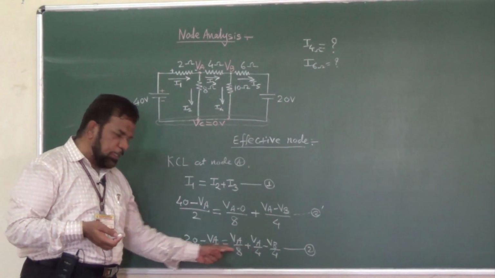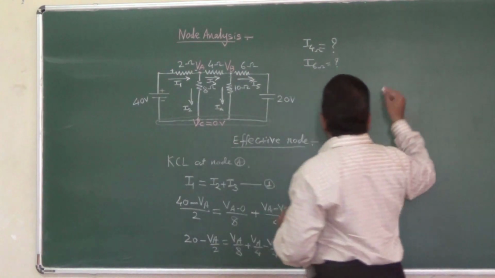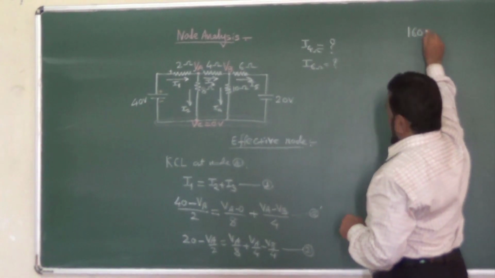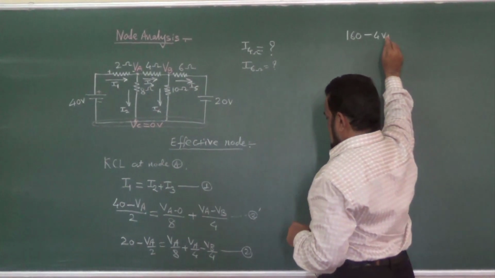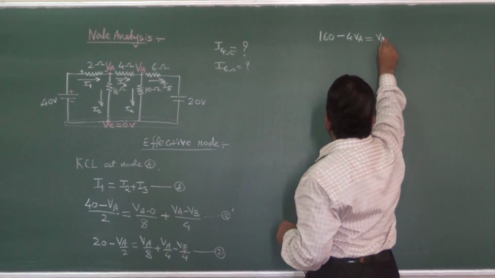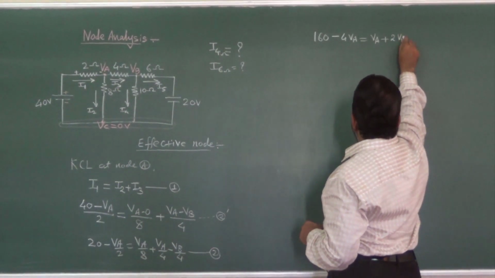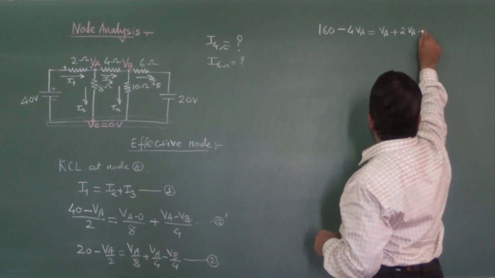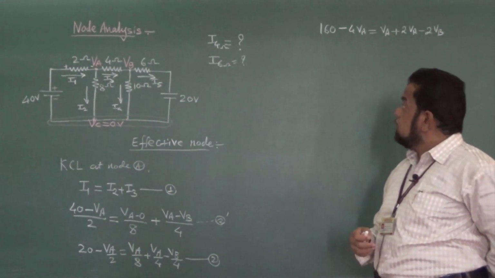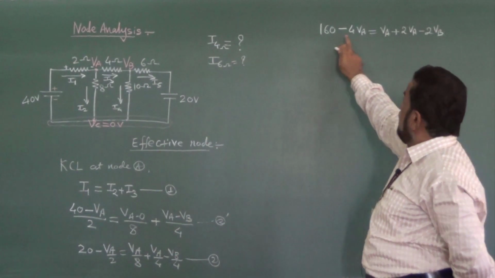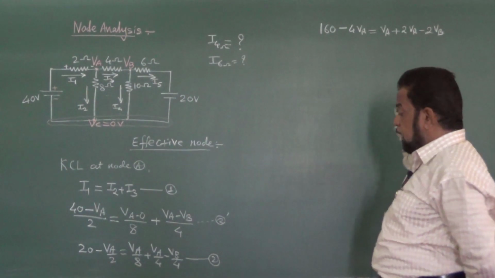Now if you take the LCM as 8, then the equation comes out to be 160 minus 4 VA, that is equal to VA plus 2 VA minus 2 VB. That 8 LCM gets cancelled. So it is 160 minus 4 VA equal to VA plus 2 VA minus 2 VB.